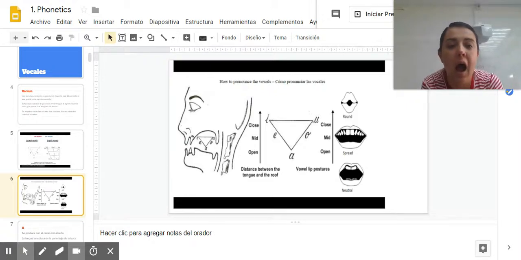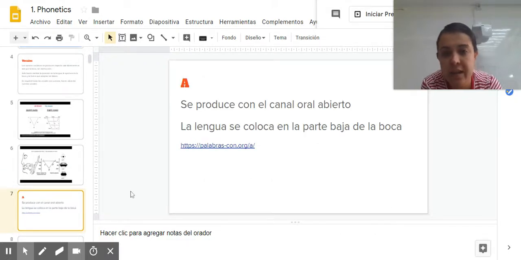Try it with me. The mouth opens the same way, the same distance, and the only thing that you're changing is the position of how you move your lips. Let's go with the next one.